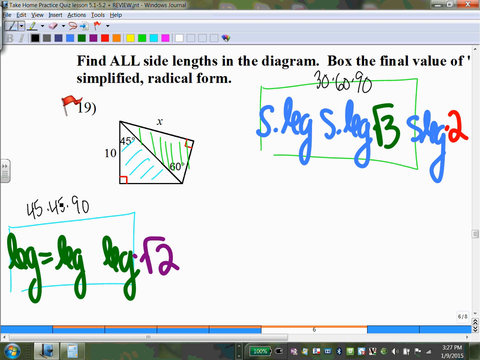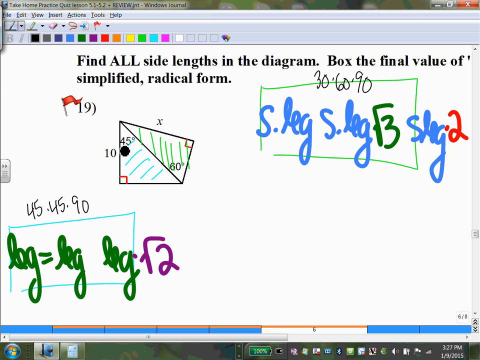For the left one, it's 45, 45, 90, leg, leg, leg root 2. 30, 60, 90 goes like this. 30, 60, 90, short leg, root 3, short leg times 2. Some of you need to chant that to yourself about 10 minutes each, and then you'll get it down.